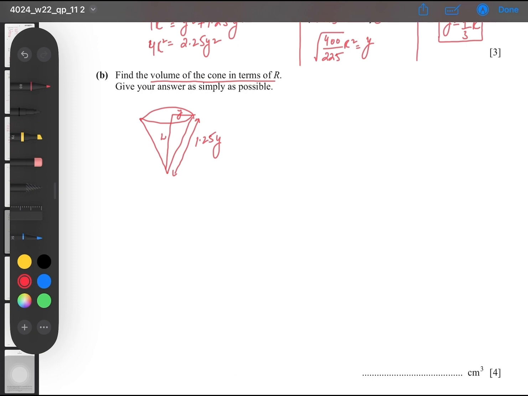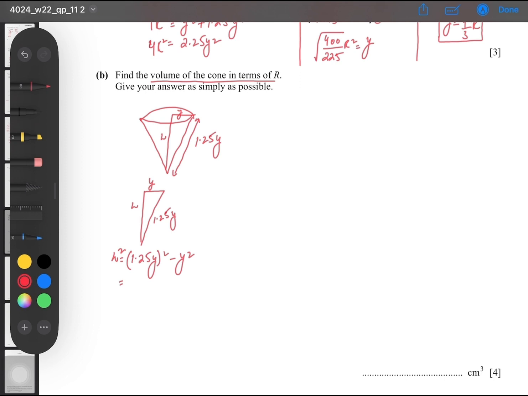We will apply the Pythagoras theorem to find the height of the cone. So h square is equal to 1.25 y square minus y square.